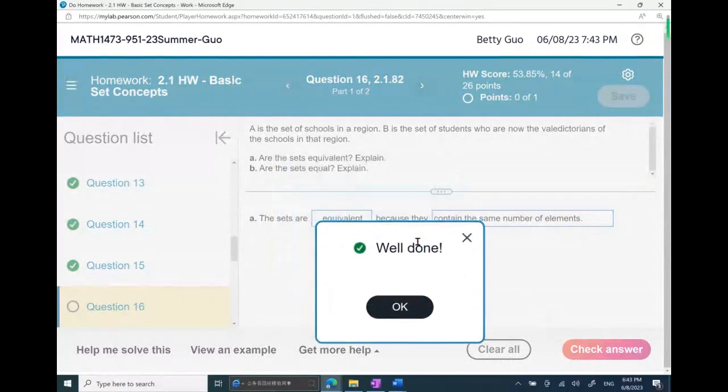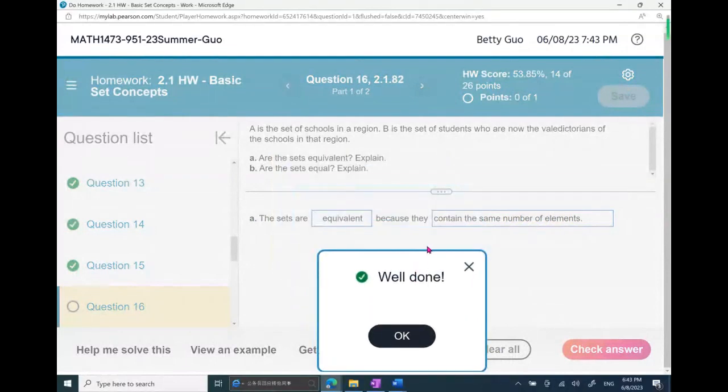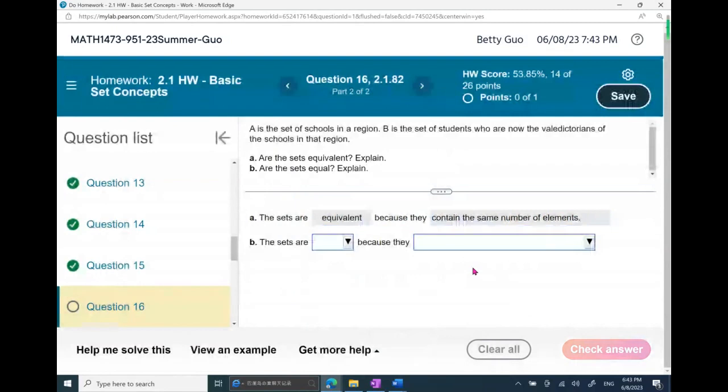They assume that every school only has one valedictorian. If you see something like that in the quizzes or test, let me know. This kind of question just assumes there's only one, right?